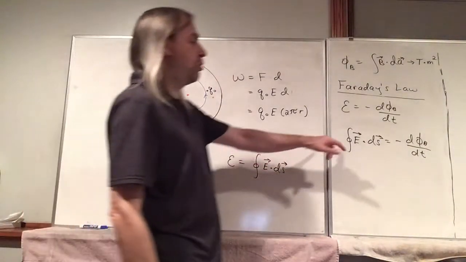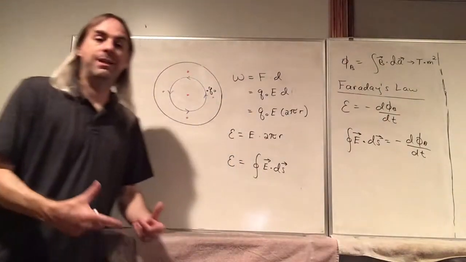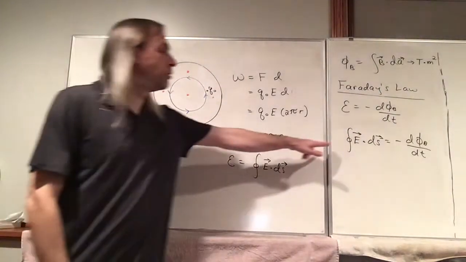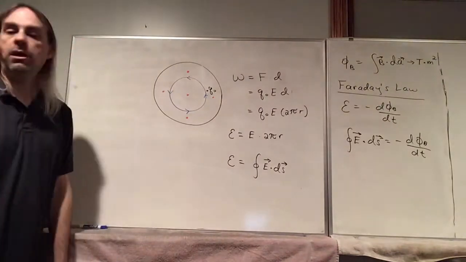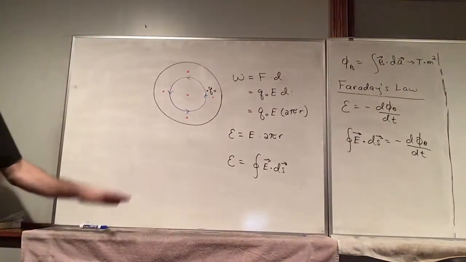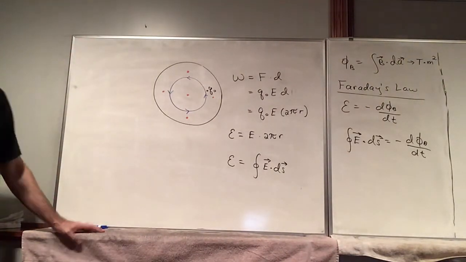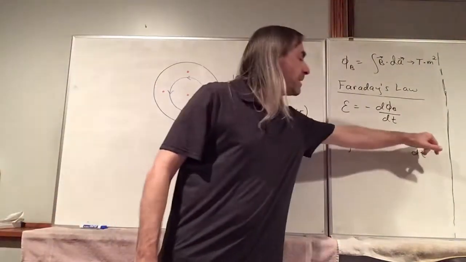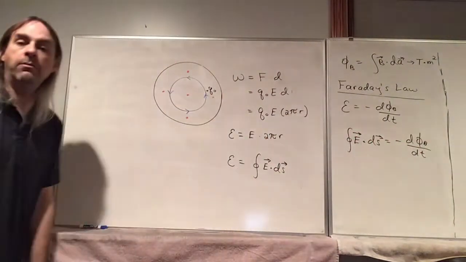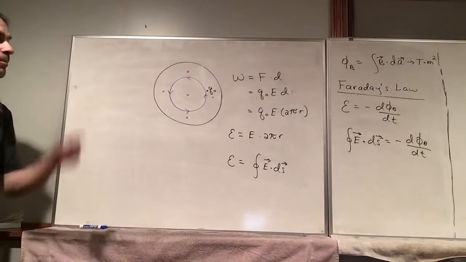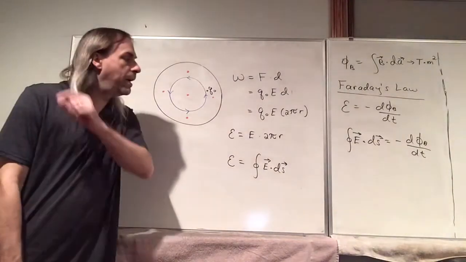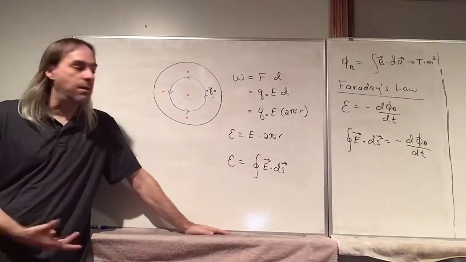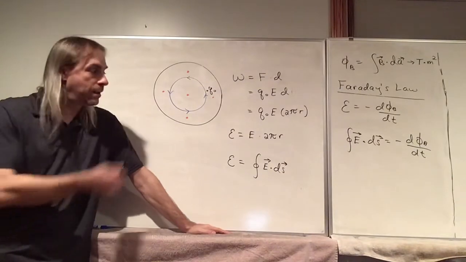So again, in order to apply Faraday's law, we need some path. It has to be a closed path, which is why we draw that circle around it. And then we can look at the magnetic flux through that path that we define in order to apply Faraday's law. And again, that applies to any reasonable closed path that we pick.